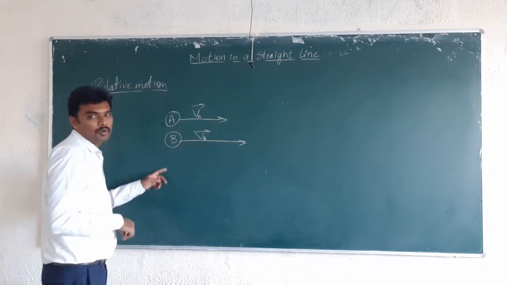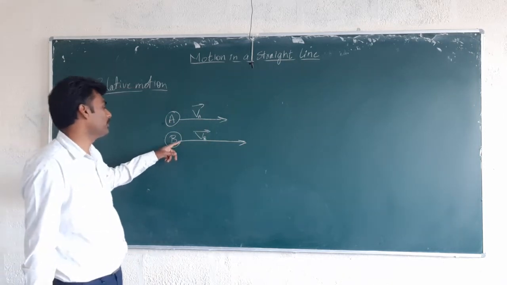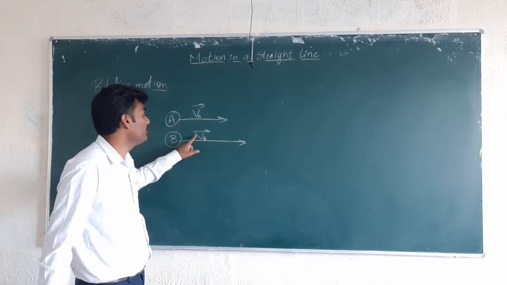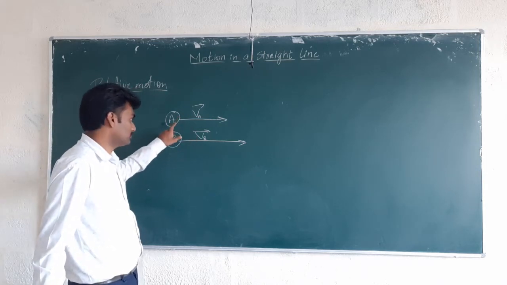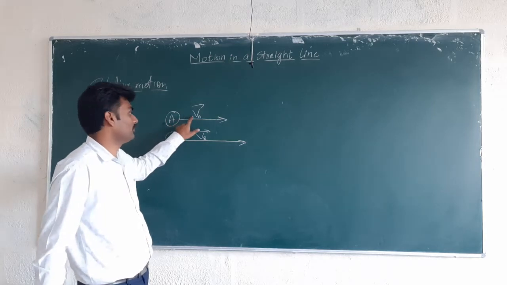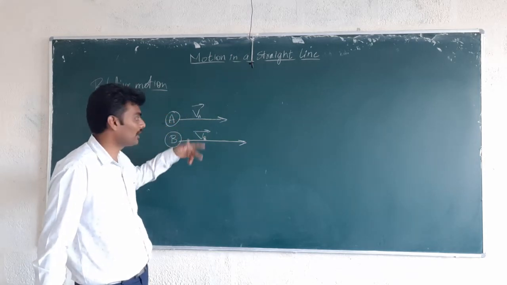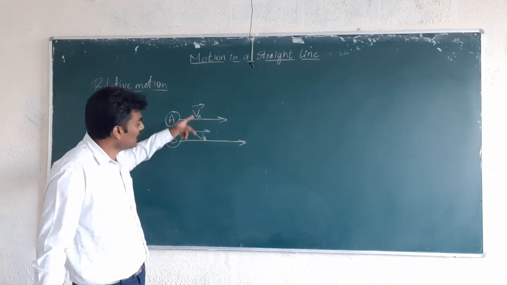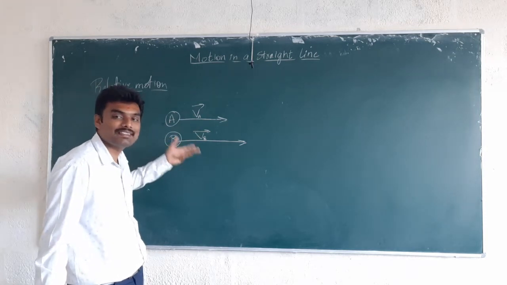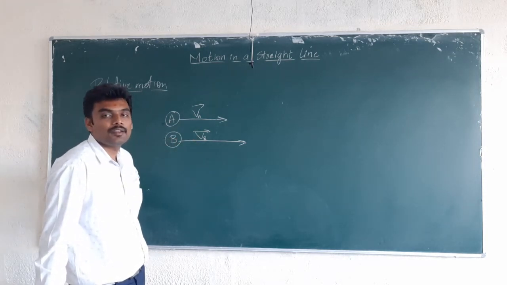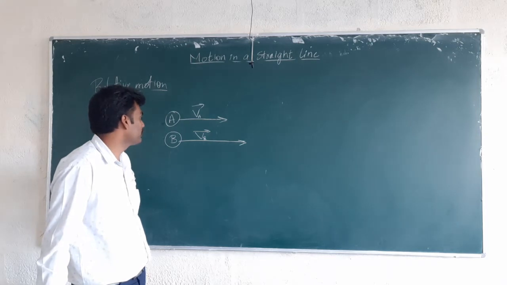So body B moves with the velocity of VB, and body A moves with the velocity of VA in the same direction. VA and VB might not be the same. They can be different.